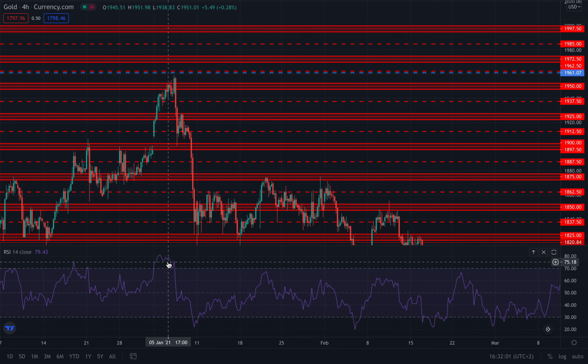So this level that was created there, you can see the market created this level there. So it created this high, and it also created this higher high, right? But on the RSI, it created a lower high. So lower high, higher high, they don't correspond.